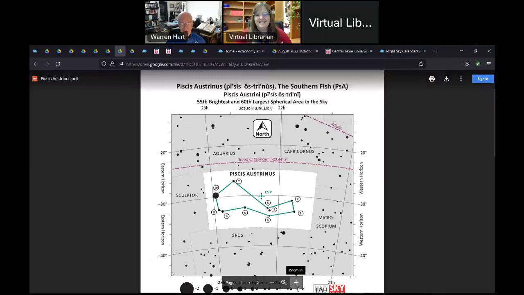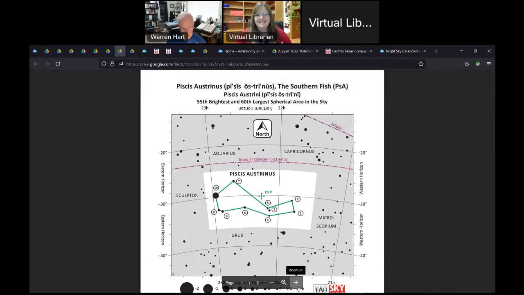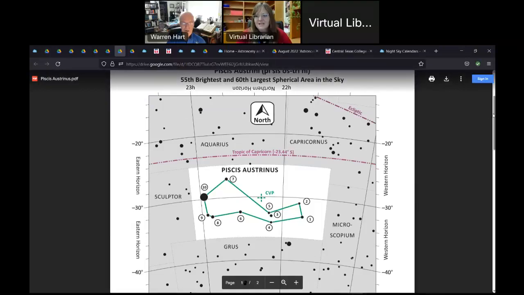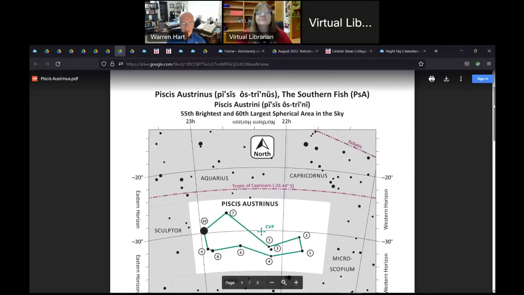That's all right. So Pisces Australis, and as a reminder for those who know this, but for the new people that have come on, scroll it back down so we can see the name. Every constellation's basic name is in Latin, the universal scientific language.